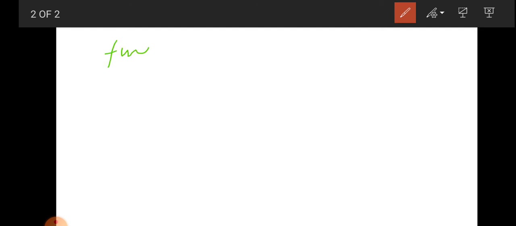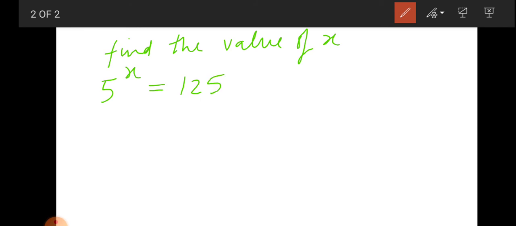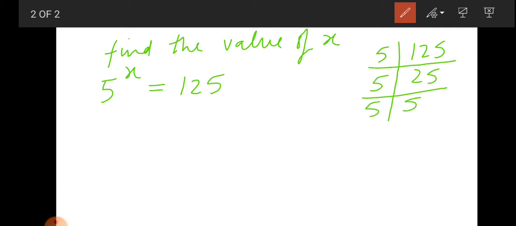Find the value of x. 5 raised to the power x is equal to 125. Find the factors of 125. So 125 can be written as 5 into 5 into 5.